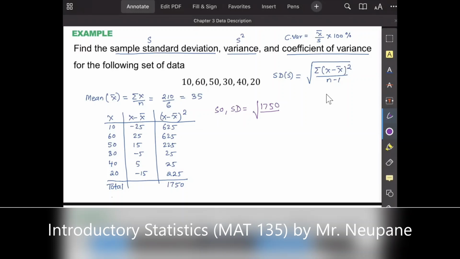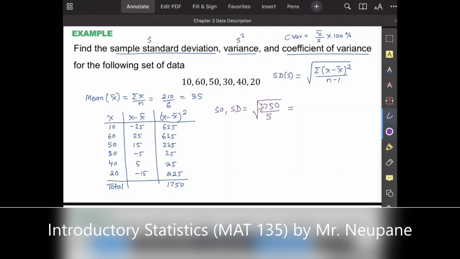But here we have N minus 1, 6 minus 1, which is 5. And if we simplify this, please simplify this in your calculator. Square root of 1750 divided by 5. And tell me what you'll get. 350. 1750 divided by 5 inside the square root is 350. Did you take the square root also?